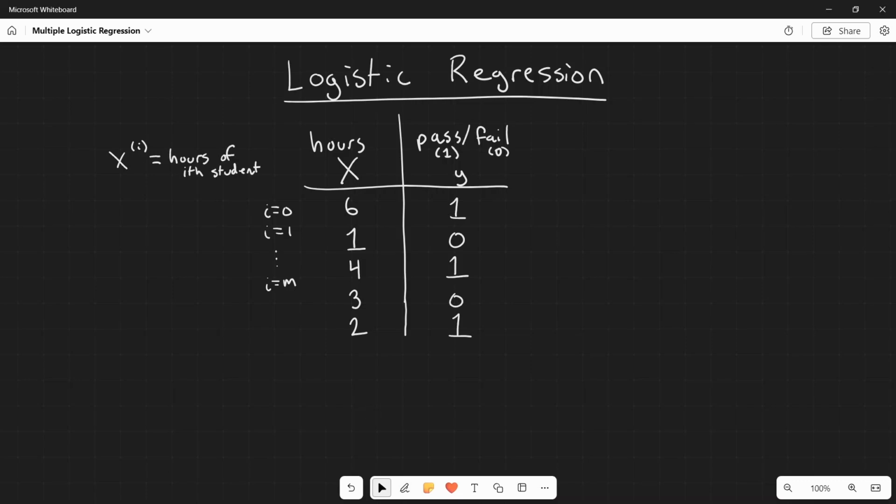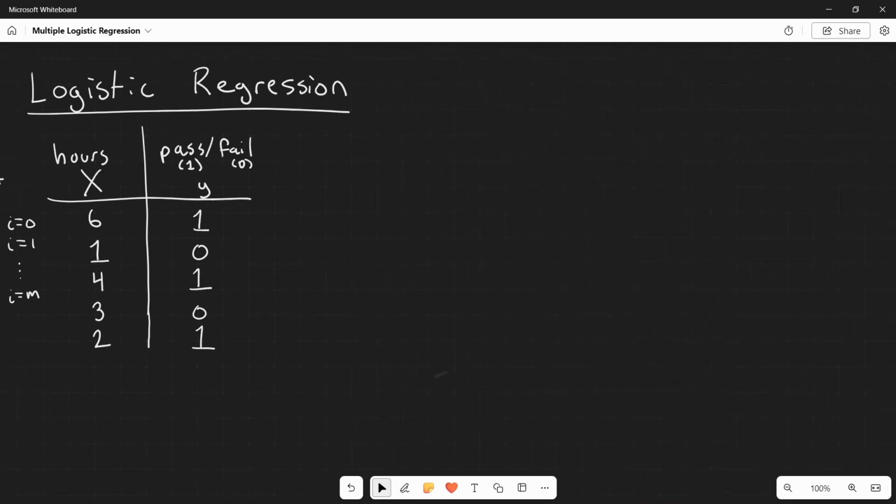So x at 0 is 6, and x at 1 is 1. The same thing can be said for y, where y at i is whether the ith student either passed or failed the exam. So y at 0 is 1, and y at 1 is 0.